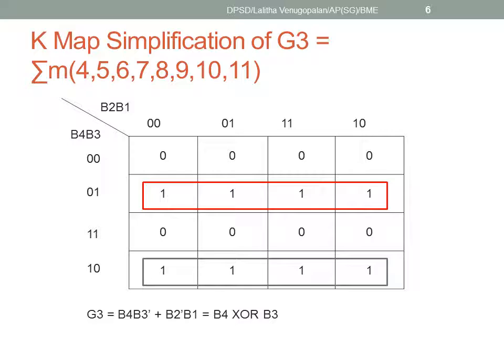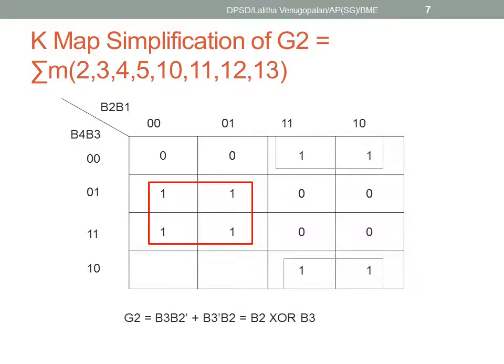So if you take 0, 0, 0, 0, then B4, B3 is 0 in the row, and B2, B1 is also 0 in the column. If I populate my K-map for G3, I find there are ones in the second row and in the fourth row. That simplifies to the exclusive OR of B4 and B3.